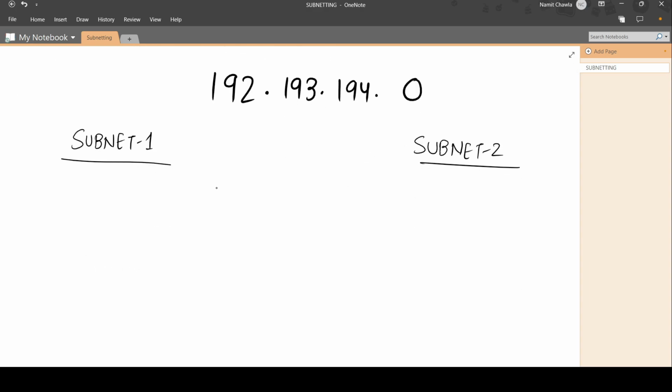Now in this network address, you already know it is class C. This one is class C, and for class C, these 3 octets belong to the network address or network bits, and the last octet is nothing but host bits.